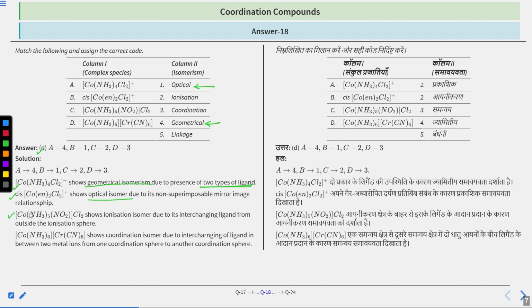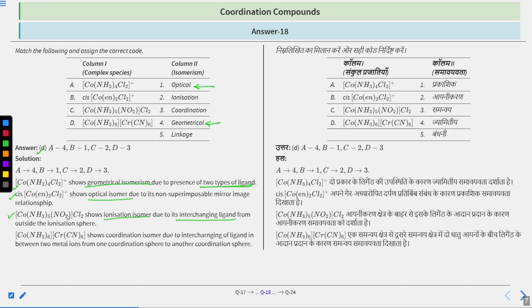In C, the complex is [Co(NH3)5(NO2)]Cl2. This will show ionization isomerism due to interchanging of ligands with the ionization sphere. You can see that this is the coordination sphere in the square bracket.